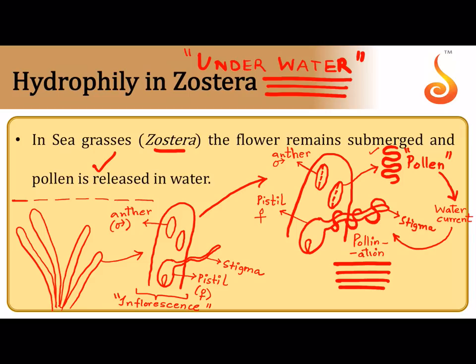Pollen is released in water, carried passively, but here the pollen is very elongated, like a ribbon or a thread-like structure. It goes and encircles or intertwines around the stigma. Please remember, this is how pollination happens. I am repeating this again and again, not on the surface of water, but underwater in case of marine grass, that is Zostera.